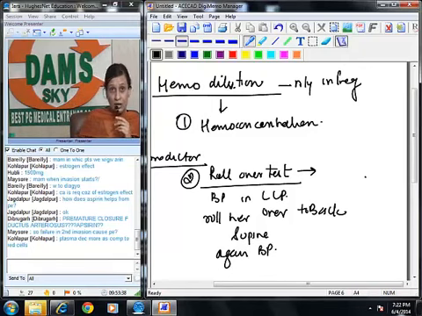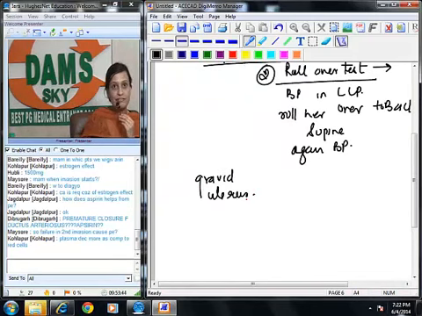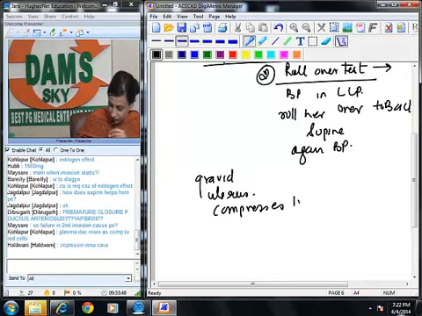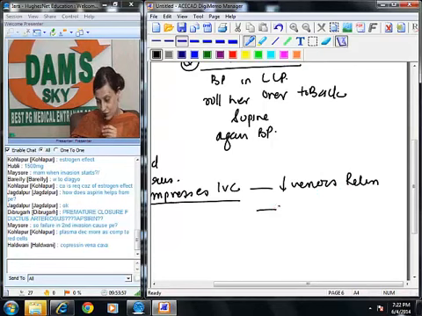The reason is because the gravid uterus compresses the inferior vena cava. The gravid uterus compresses the IVC. So there is a decrease in venous return, which causes a decrease in the cardiac output and which causes a decrease in the blood pressure.